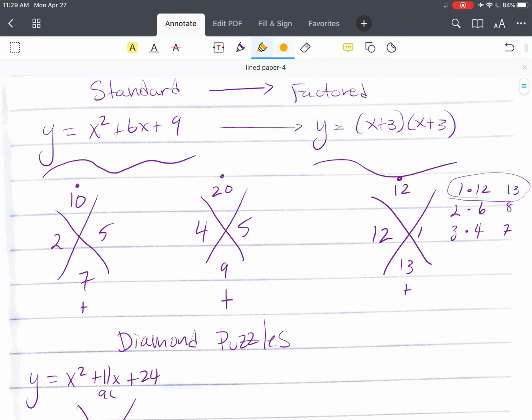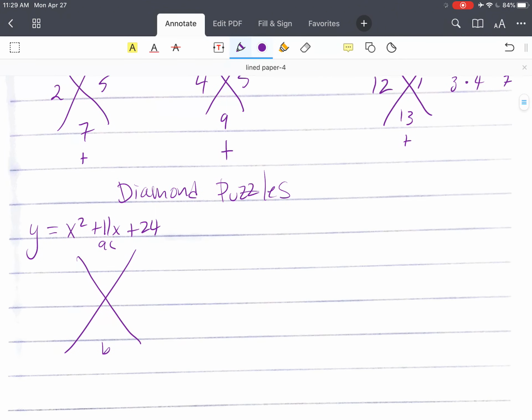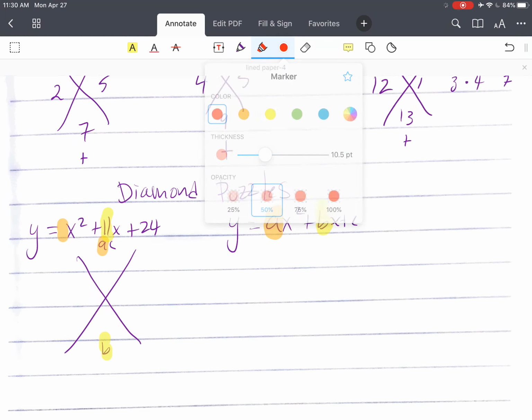Well, remember, let me use a color. I'm going to use orange. Oh, sorry, I totally forgot to write it. A standard form equation can be written as ax squared plus bx plus c. A is the number in front of the x squared, B is the number in front of the x.